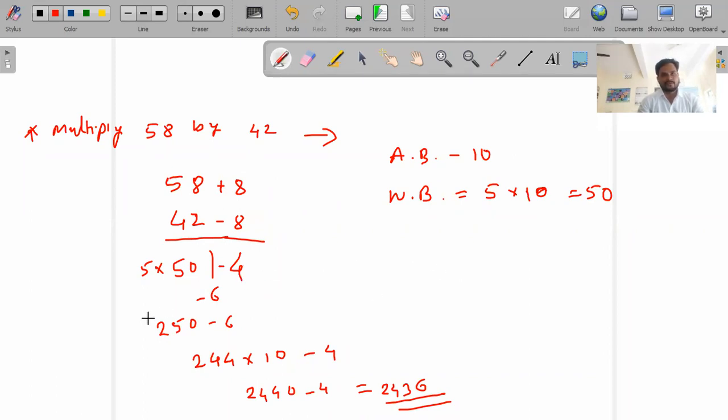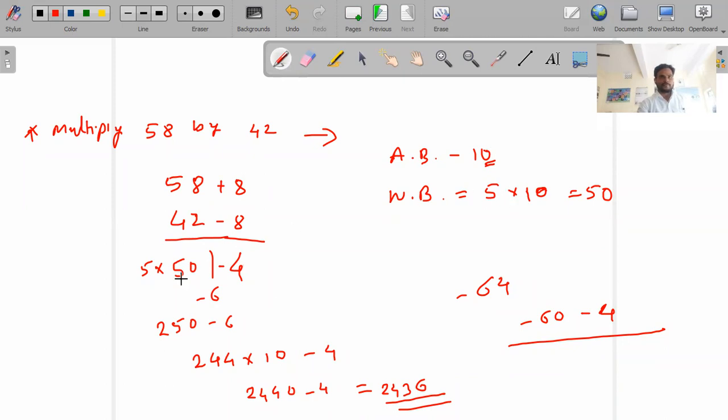This minus 64 is nothing but minus 60 minus 4. That's why I can write minus 4 here, because in the actual base only one 0 is there, so only one digit should be at the right-hand side. So minus 4 I wrote there and minus 6 is the carry.